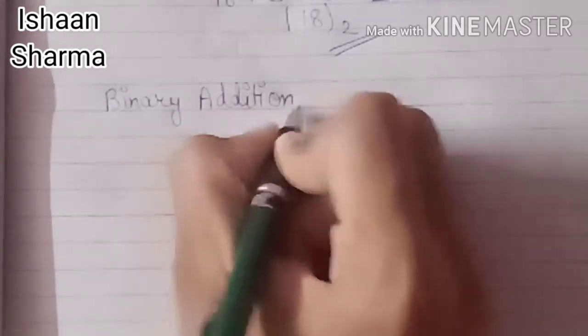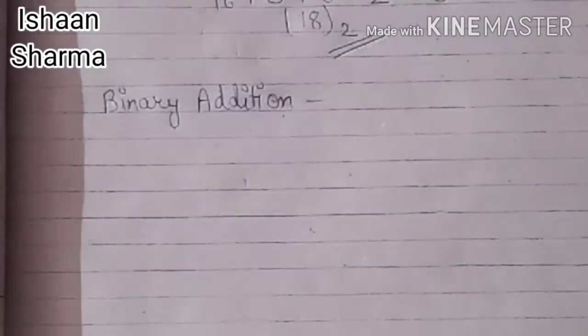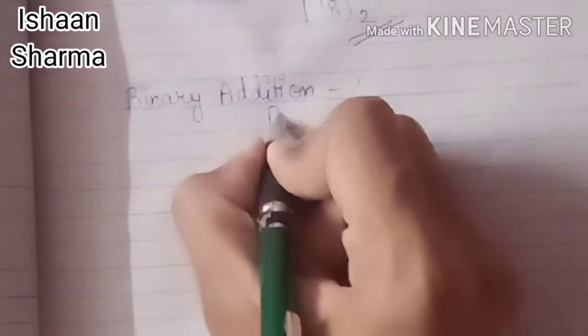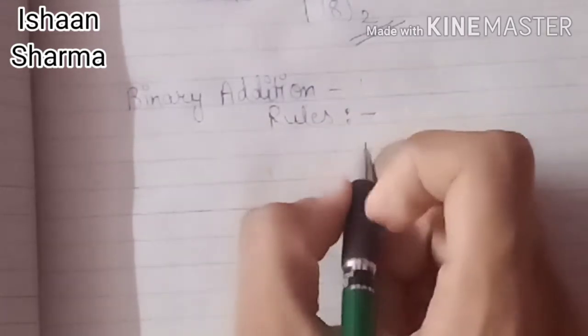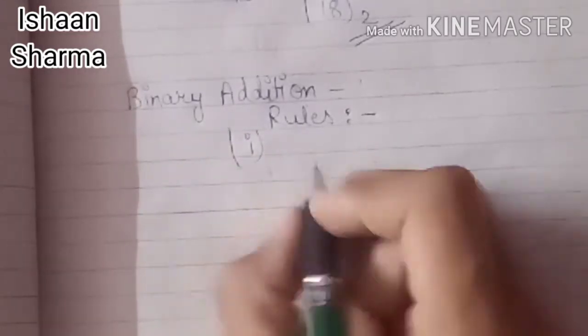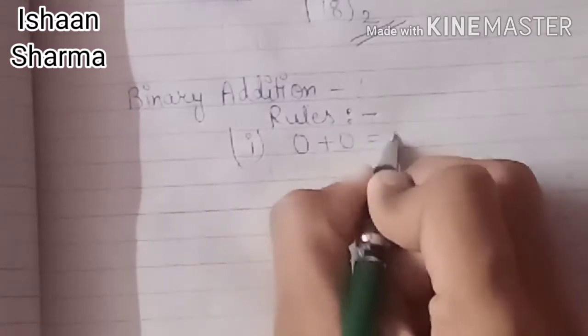Now we start binary addition. There are some rules in binary addition that we are going to discuss. Our first rule is 0 plus 0: when we add 0 to 0 it gives us 0.